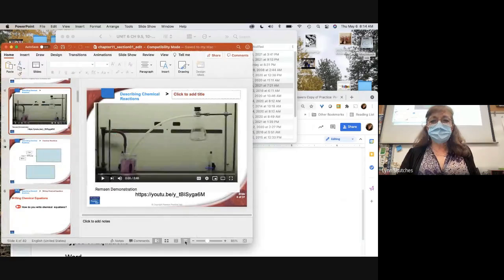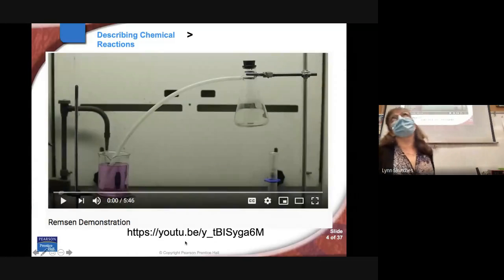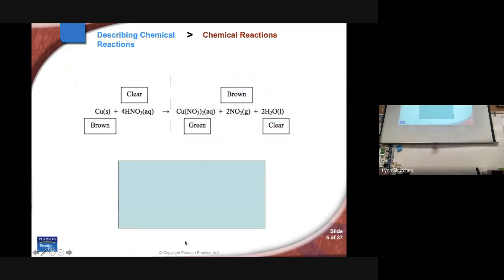All right, so this is what we observed yesterday or Tuesday. What's happening in this process is the nitric acid and the copper react to form copper 2 nitrate. And then you make that nitrogen dioxide gas, that brown gas. And there's also water forming. You can't really tell because it gets incorporated in with the green stuff.